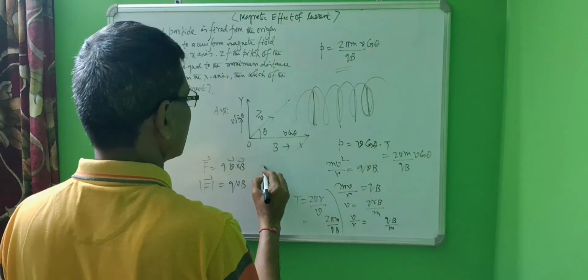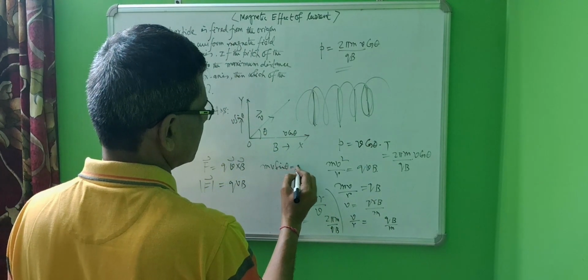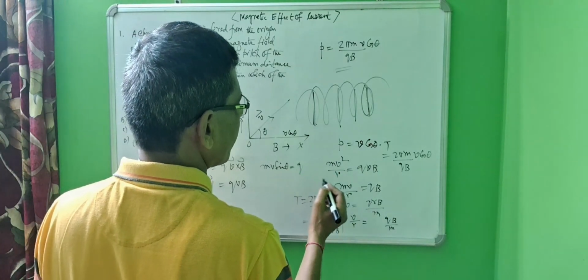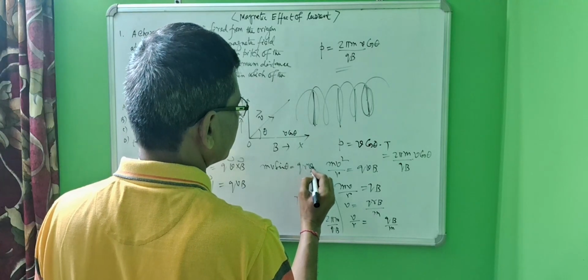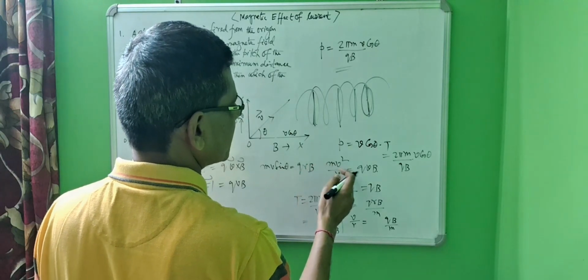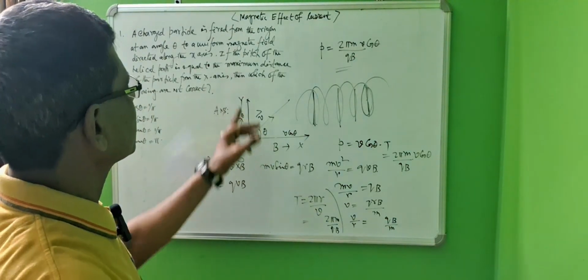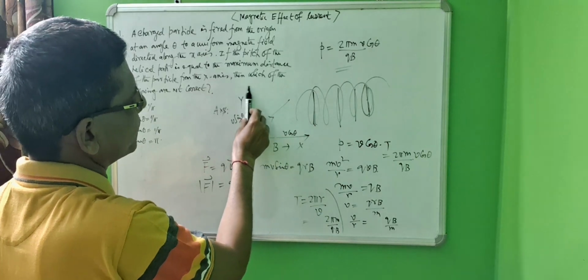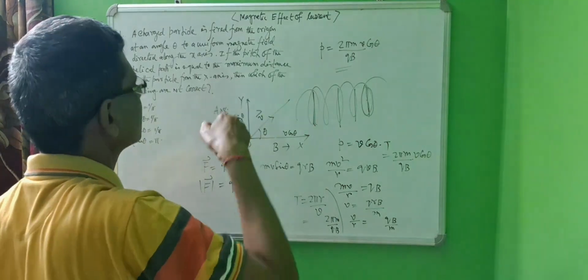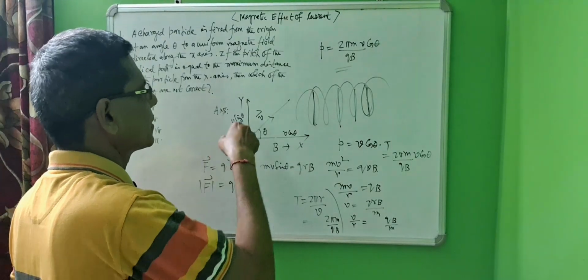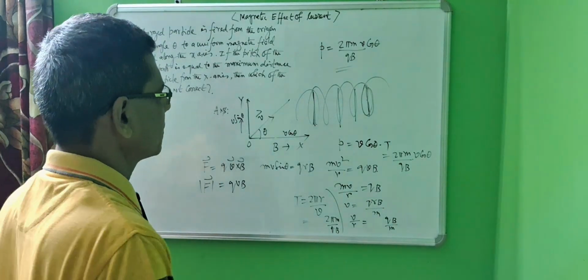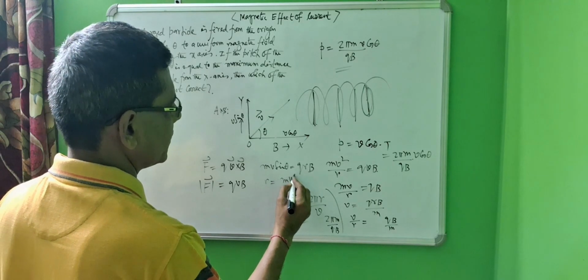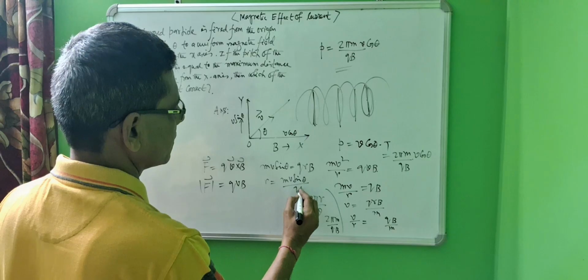Now this MV sin theta equals to QRB from this. Here is MV sin theta, so V cross B, we get V cross B along the perpendicular direction to the board. So we get from this R equals to MV sin theta upon QB.